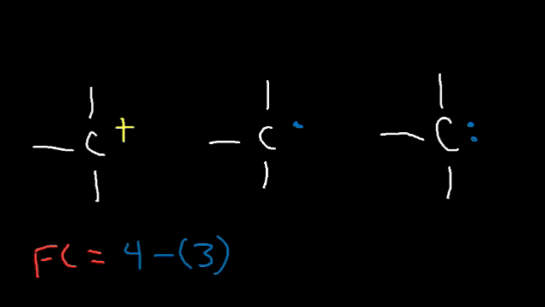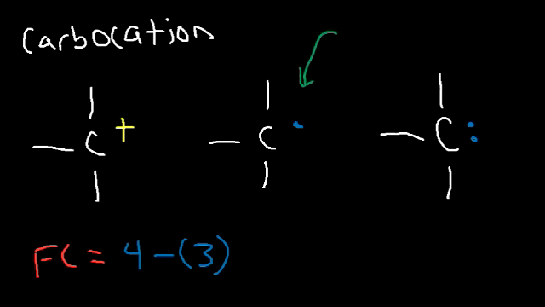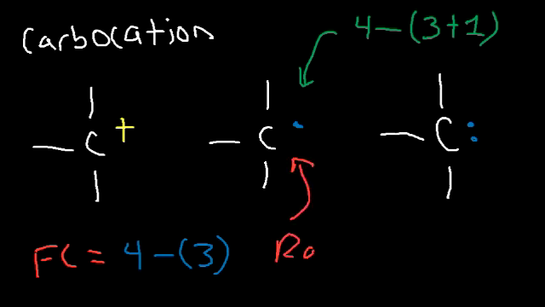So here, carbon has a plus charge. Whenever carbon has a positive charge, it's called a carbocation. Now let's calculate the formal charge for the second one. So it's going to be 4 minus, this carbon has 3 bonds, 1 dot, so it's 4 minus 4, so it's neutral. Whenever carbon has an odd number of electrons, if it just has 1 dot instead of a pair of electrons, it's called a radical.